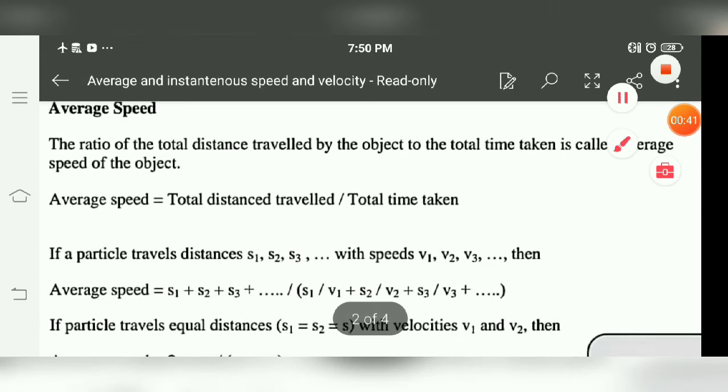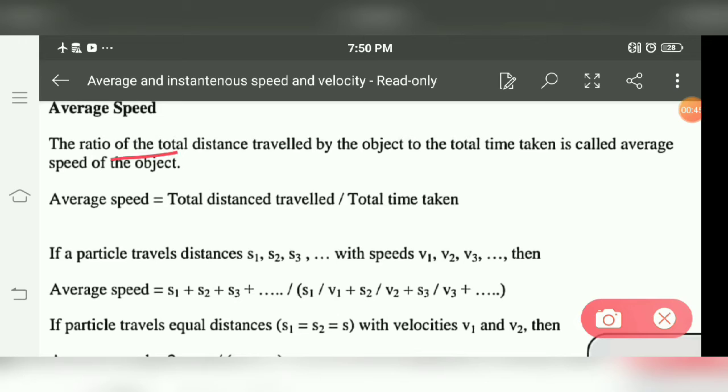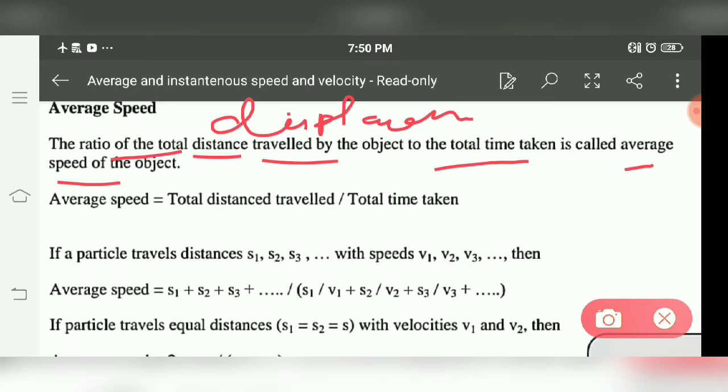So we can say average speed is the ratio of the total distance traveled by an object to the total time taken. If we have to define average velocity, then it is total displacement by total time taken.